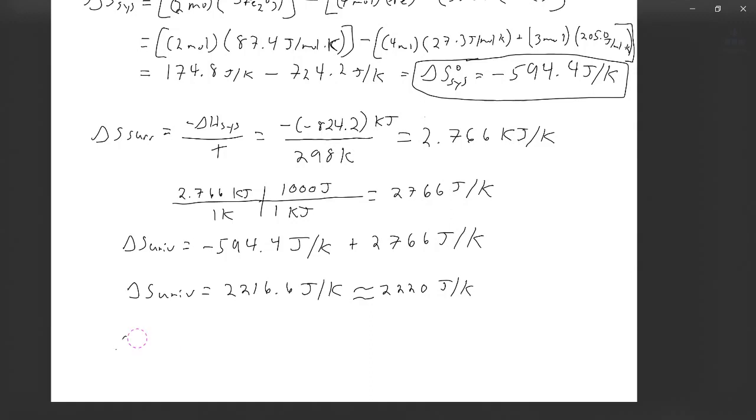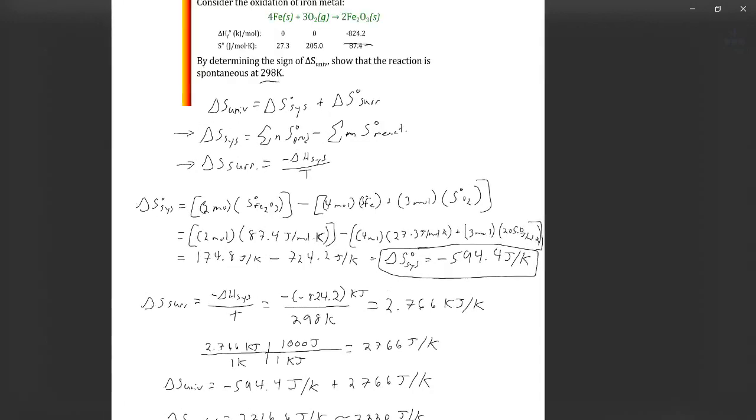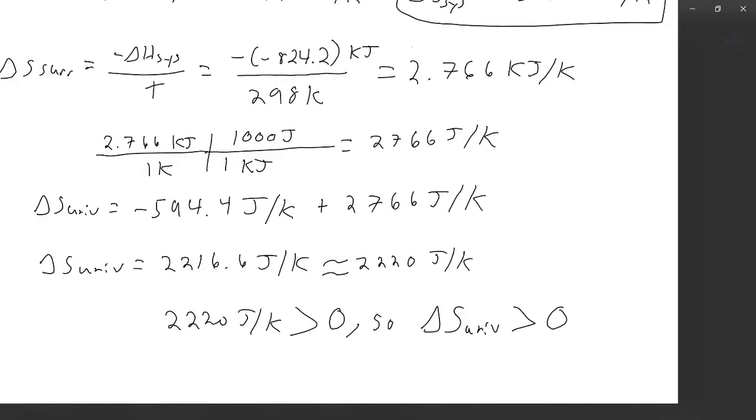So what we want to know in this equation is whether 2,220 joules per Kelvin is greater than 0. And of course, it is. So delta S of the universe is greater than 0. In other words, it's increasing. So it asks us, is it a spontaneous process? Yes. So this would be your final answer.